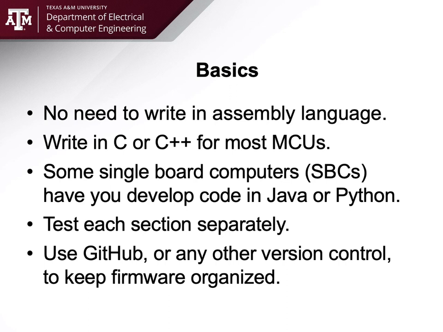Single board computers, like if you're working with a Raspberry Pi, you're probably going to be writing your code in Python, which is perfectly fine. It's just that there's now an extra layer between you and the embedded system.